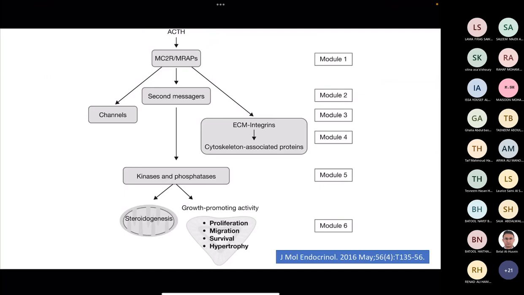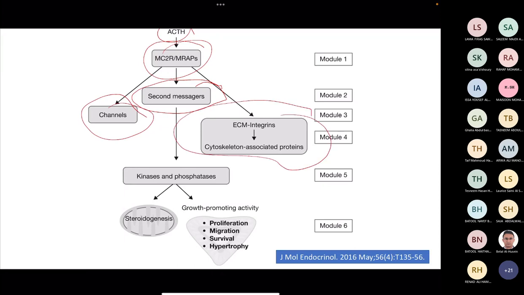Now, the signaling of ACTH is very complex. So it begins with ACTH binding to the receptor, and then the modulator protein affects secondary messenger. It could activate G proteins, or it could affect other signaling events in the cell, or it could open channels, or it could also affect so many other components like ECM, or the extracellular matrix, or integrins.